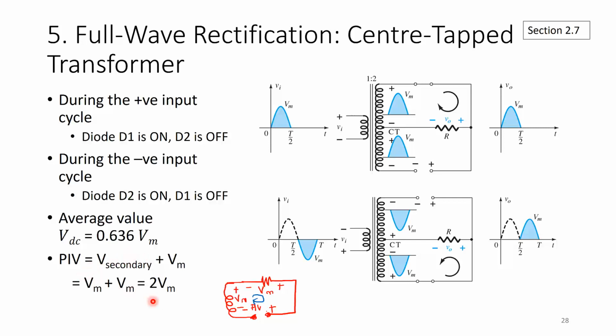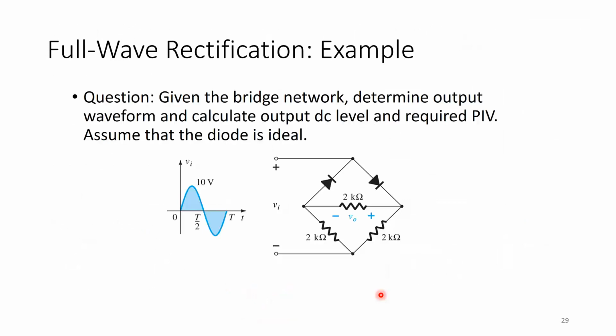So the diode that you place in a center tap transformer has to be able to have a higher rating. But what's the advantage of using a center tap transformer over the bridge rectifier? One is that you have a ground here, the common ground is settled, and you're going to be connected to a transformer anyway because you're going to be communicating with AC. Okay, so let's do an example.